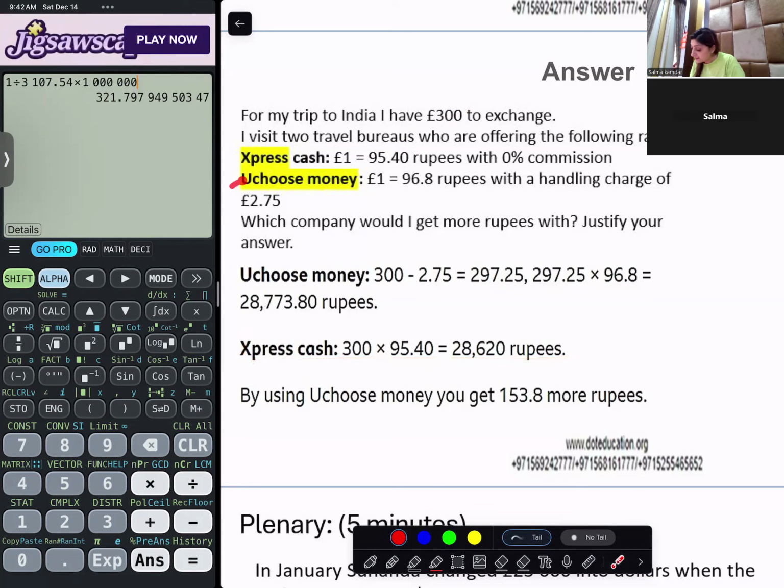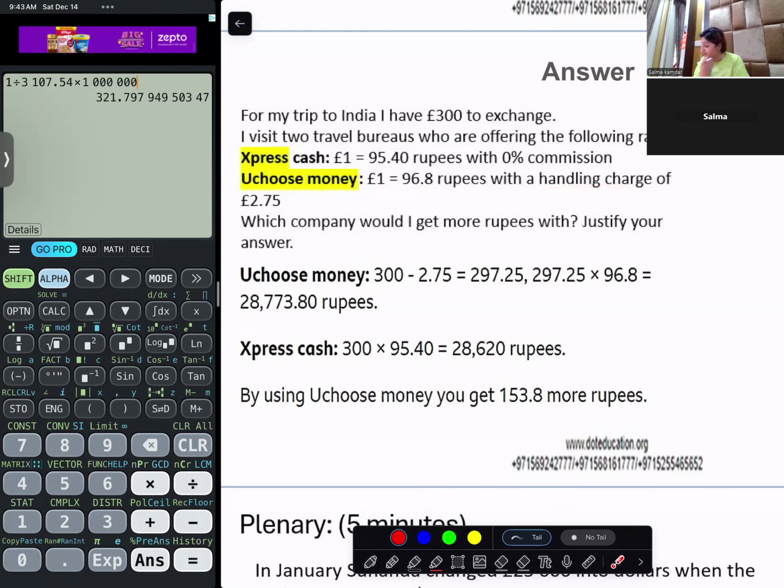Now I have another travel bureau, You Choose Money, that gives me 96.8 per pound. But they're charging me handling charges of 2.75 pounds.